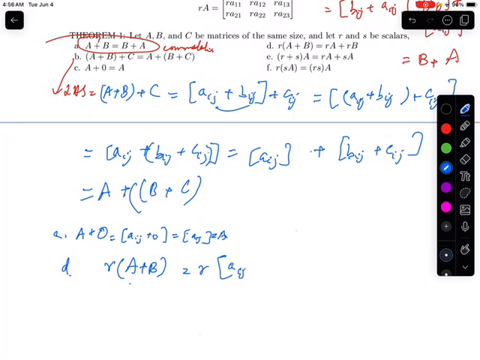So that, because of the definition of RA, which is up here, this will be equal to, so the R goes into the bracket because it has to multiply with each entry of the matrix.